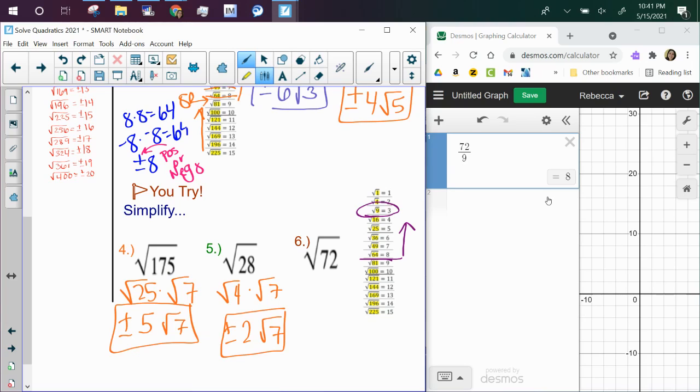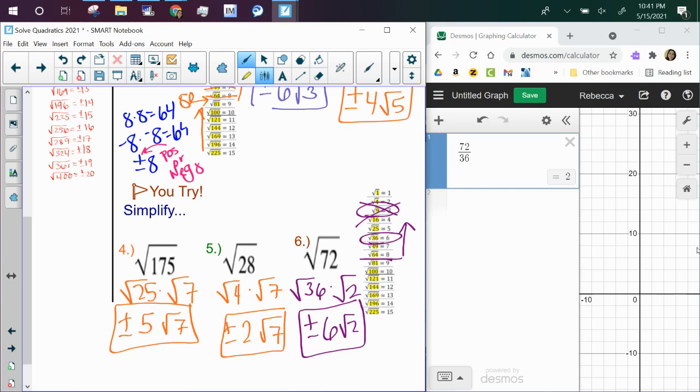It is not the first perfect square that can go into it when we're working our way up, because actually 36 goes into it evenly. So if you did 9 or you did 4, that means you didn't get the biggest one. You must get the biggest one. So for this, we've got to do 36, which is bigger than 9, times the square root of 2. And so I got plus or minus 6 square root of 2.